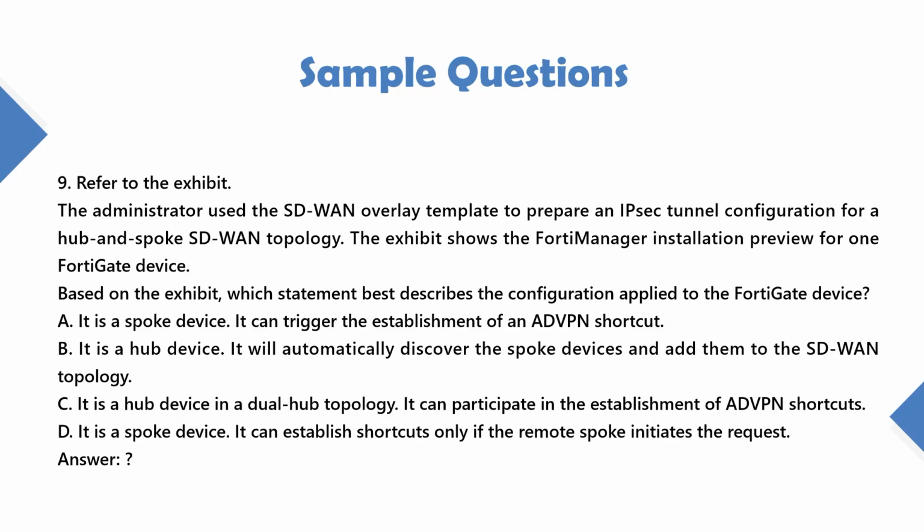It can trigger the establishment of an AD-VPN shortcut. B. It is a hub device. It will automatically discover the spoke devices and add them to the SD-WAN topology. C. It is a hub device in a dual hub topology. It can participate in the establishment of AD-VPN shortcuts. D. It is a spoke device. It can establish shortcuts only if the remote spoke initiates the request.